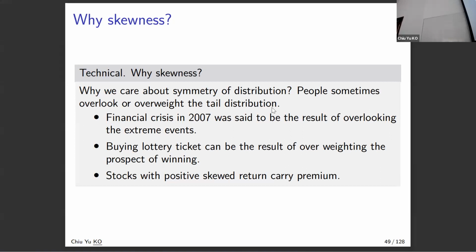People think that if the stock is likely to make a lot of profit, although the probability is not high, they would do it. But it's not surprising. You buy lottery tickets, people buy lottery tickets, people go to casinos. That's the case.